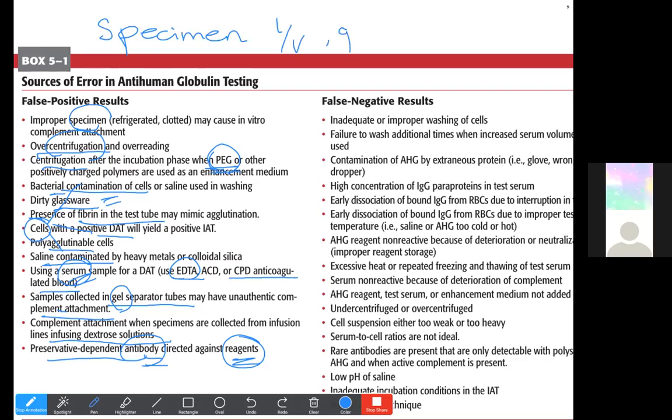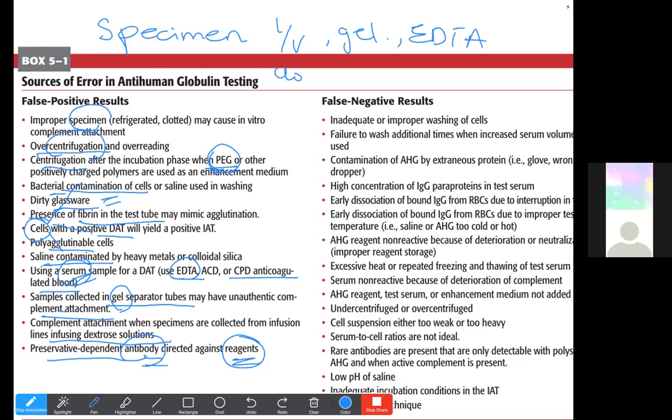If it is collected in a gel separator tube, that would also cause unauthentic complement activation. And if it is collected in an EDTA tube, or an ACD or CPD sample is taken, that would cause inappropriate complement activation. And also if it is refrigerated or if it is clotted.